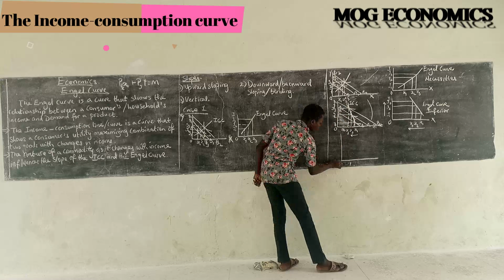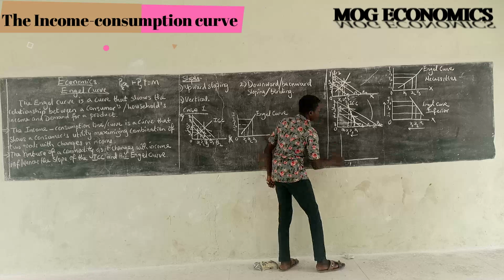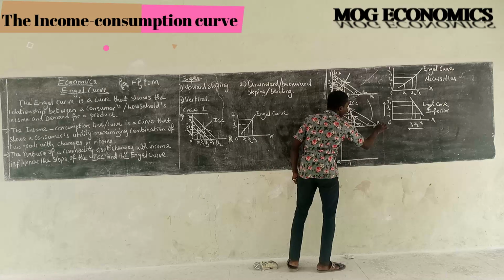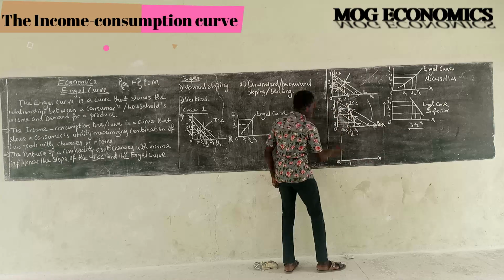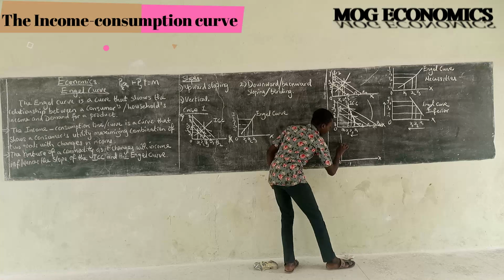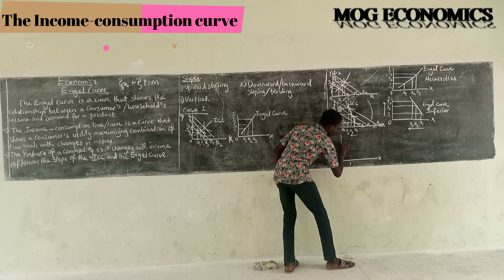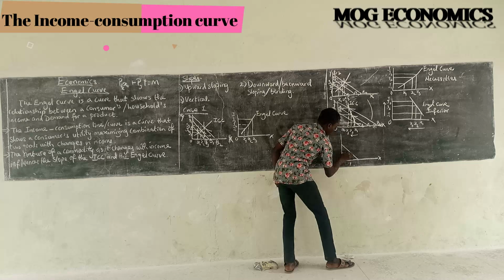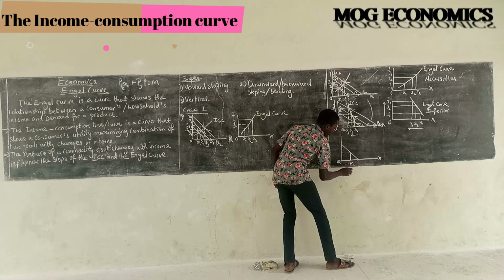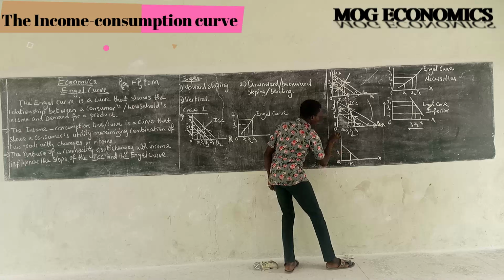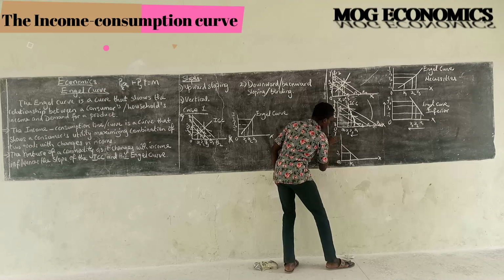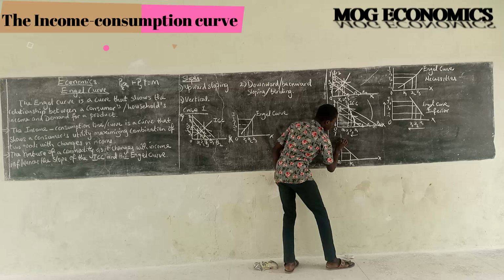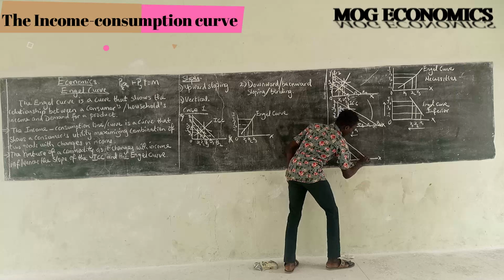Which is a kind of good that became inferior when the income of the consumer rose significantly. So at the beginning you have something like this. When the consumer was consuming this combination x1, y1, this is income, and this is commodity y, then this rose to this.